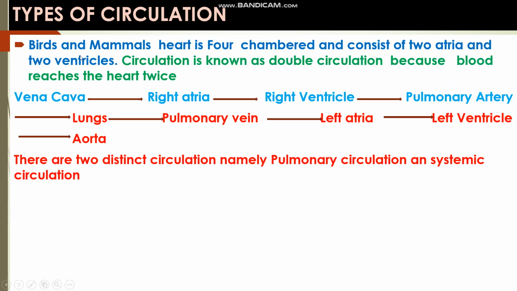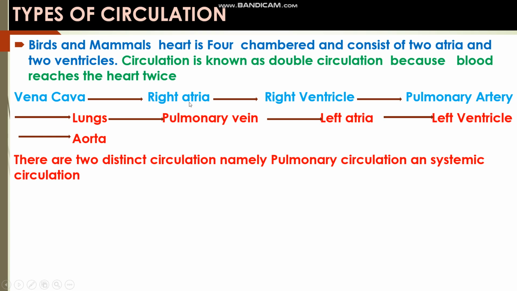Now the type of circulation in birds and mammals. We have already learned the heart is four-chambered, consisting of two atria and two ventricles. Now how the circulation takes place in birds and mammals. Vena cava brings deoxygenated blood from different parts of the body into the right atria.